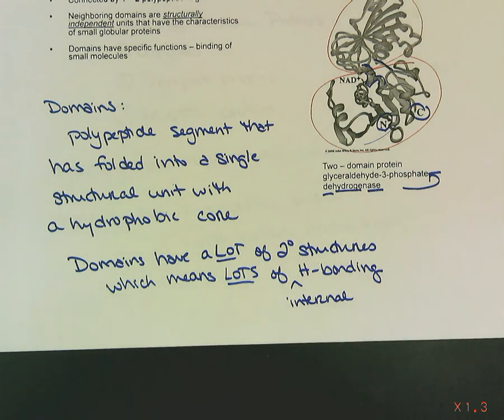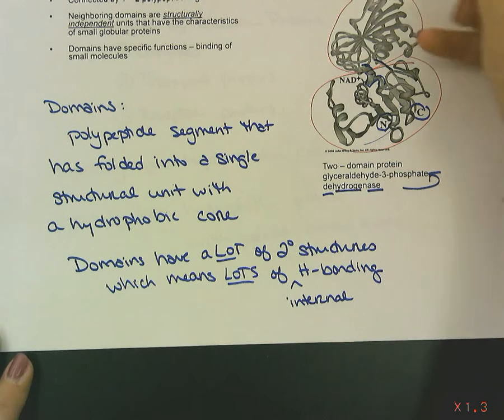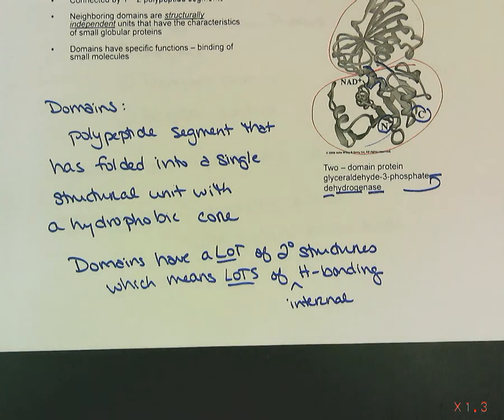The alpha helix has a lot of hydrogen bonding within itself. In a beta-pleated sheet, you can imagine there's hydrogen bonding going on over here and over there. That's why it's a tertiary structure, because it's made up of secondary structure components.